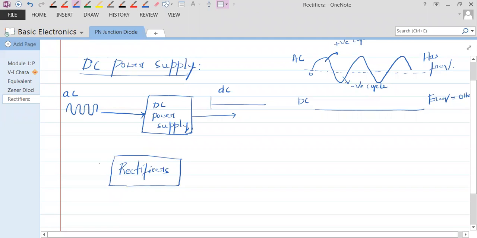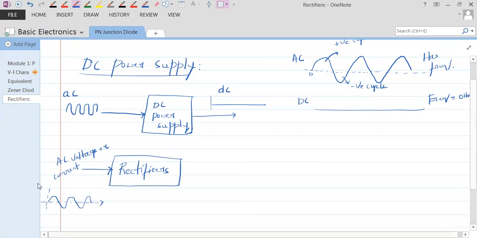Now what needs to be given as input? This is AC voltage or current that can be given. How does it look? It looks like this, as I've shown you earlier.